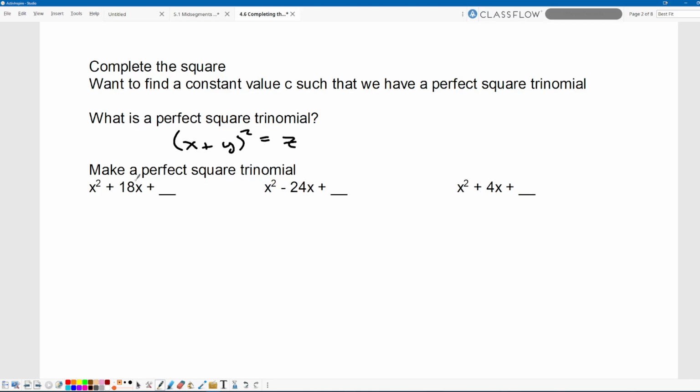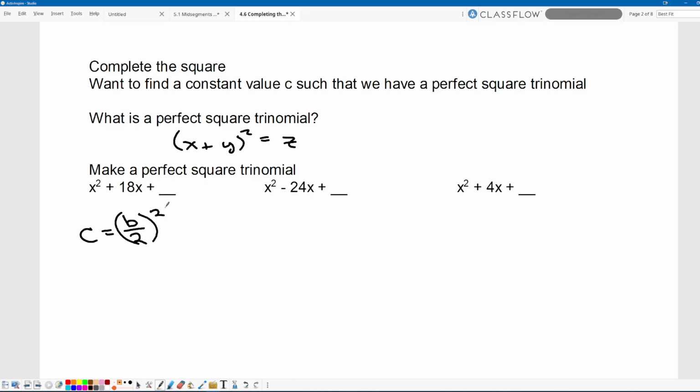So the first thing we need to learn is, how do we make a perfect square trinomial? The way that we're going to find a perfect square trinomial is we need to find out what this constant value needs to be. So I need to find the c value. My c is always going to be equal to the b value divided by 2, squared.